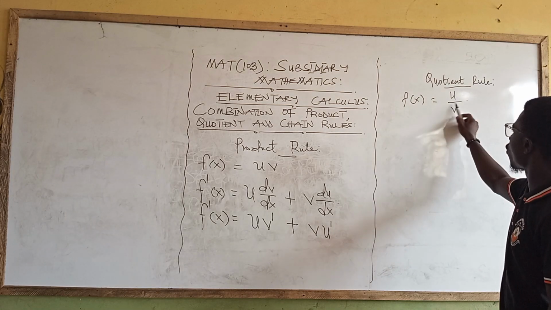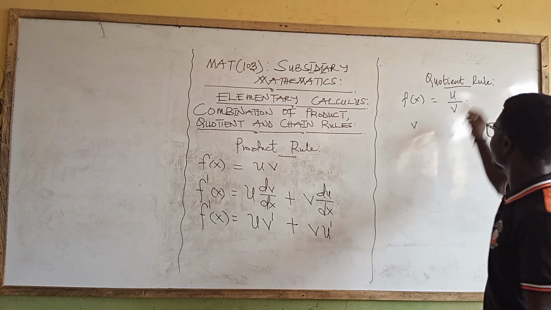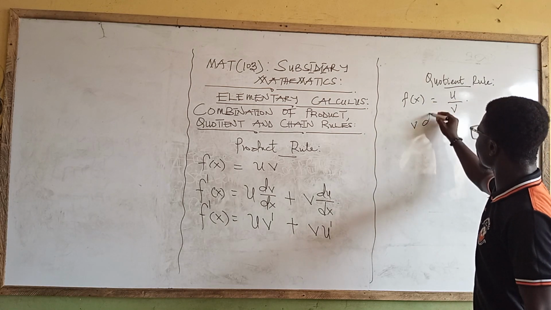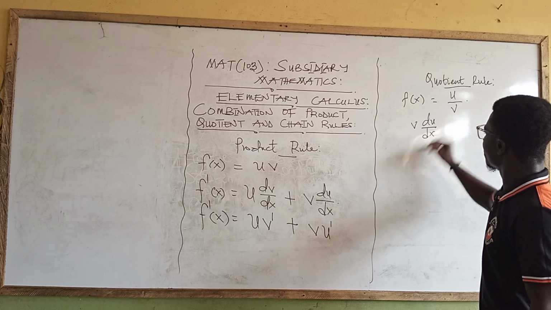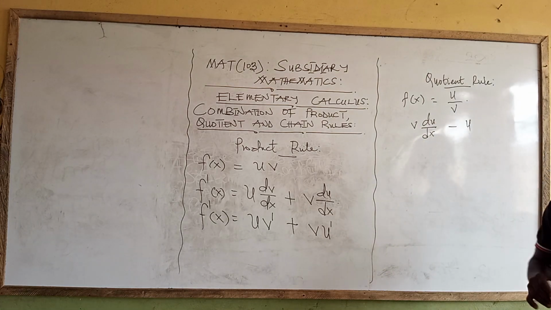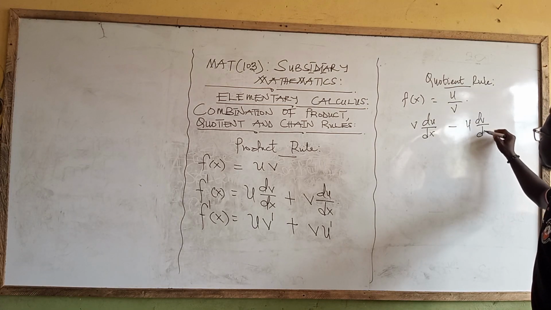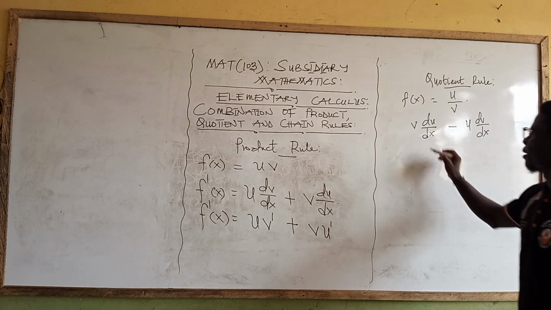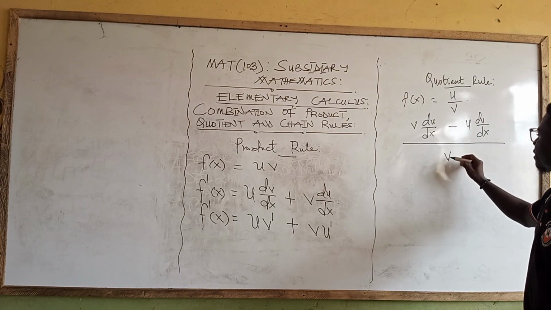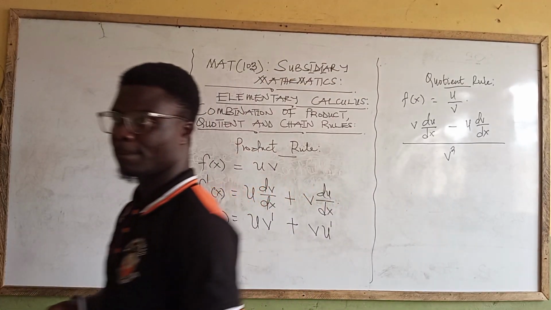I always say that you hold the denominator, which is v, constant, and you differentiate the numerator, which is u, with respect to x. Minus, you hold the numerator constant, then you differentiate v with respect to x. Then we divide by v squared, the square of v.